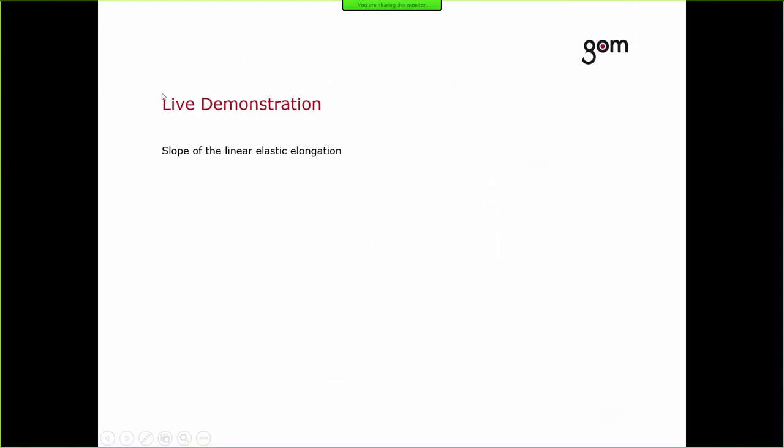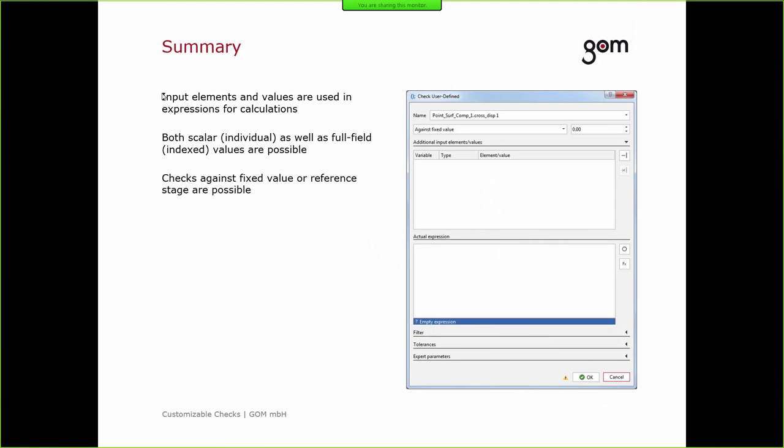So far, just to sum up, what is such a user-defined check? It's also a check type like every other inspection also. You can choose input elements and input values to calculate your results in the expressions.